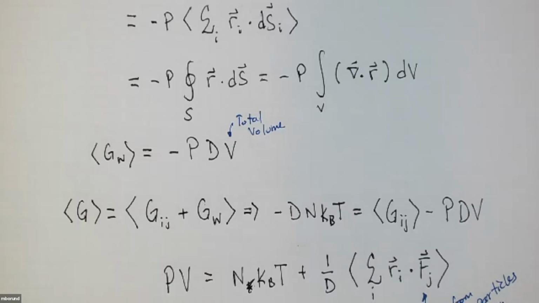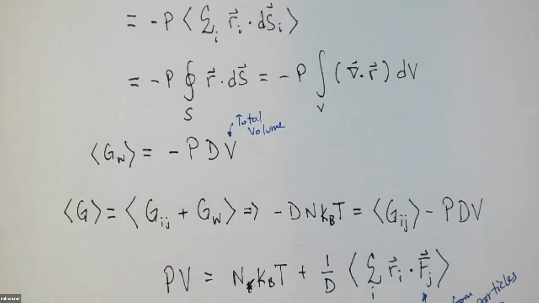Exactly. But in this case, it's number of particles, Boltzmann constant, and temperature. What is that when it's just this term? That's the ideal gas. An ideal gas doesn't have particles interacting with each other, right?